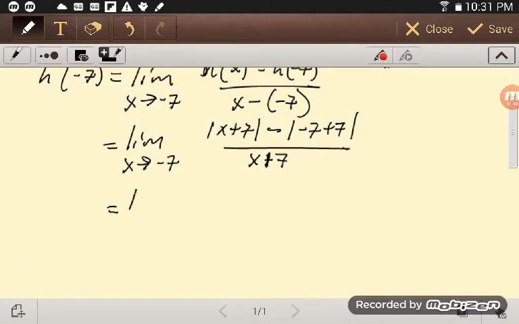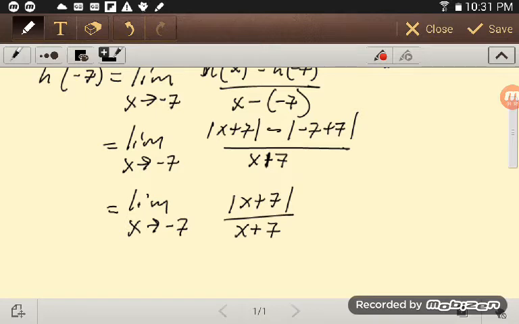So this is the limit as x goes to -7 of the absolute value of x plus 7 over x plus 7. Now, this would be great anywhere except at -7, because I cannot place -7 in here. I can't do a direct substitution. But everywhere else, for any other x, this just looks like 1.